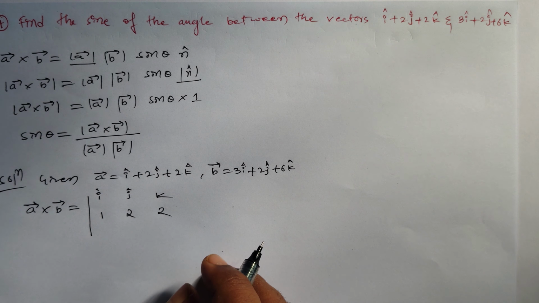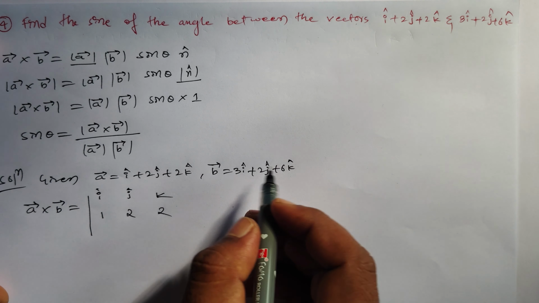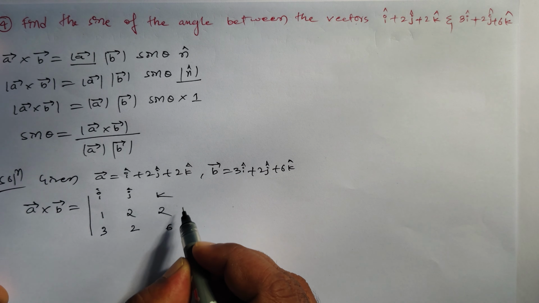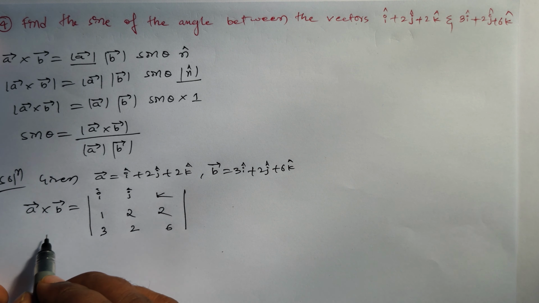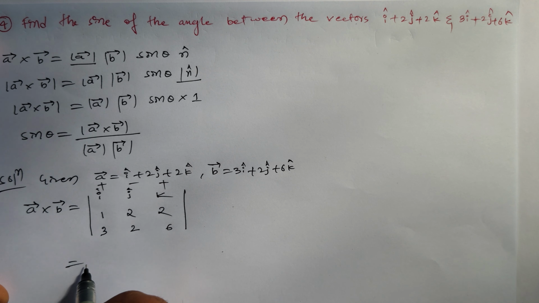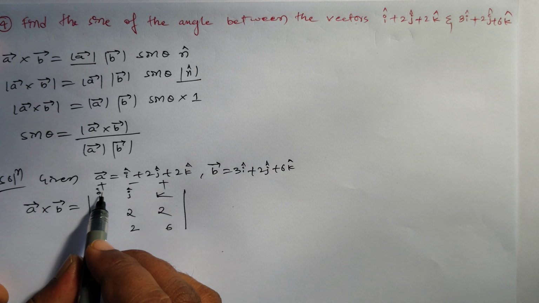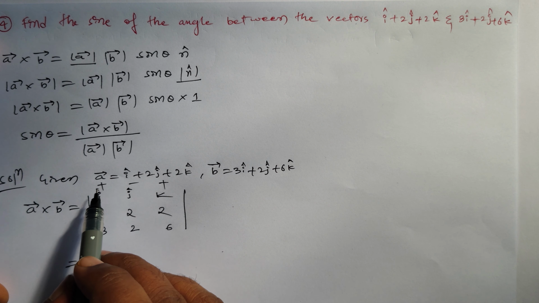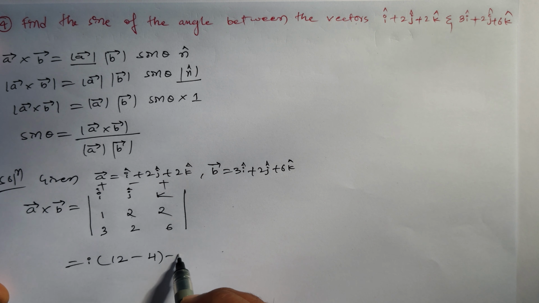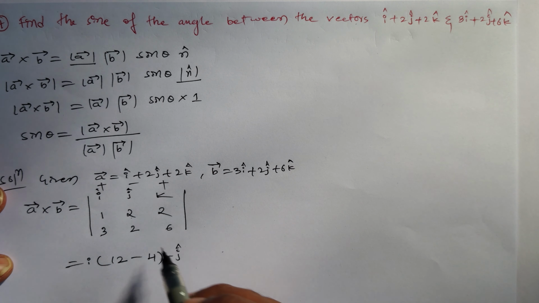So next write the coefficients 3, 2, 6. Next, that is equal to, here it is plus minus plus, i into, leaving this row and this column, what happens: 2 3s are 6, 2 6s are 12, minus 2 2s are 4, minus j cap, leaving this column and this row.